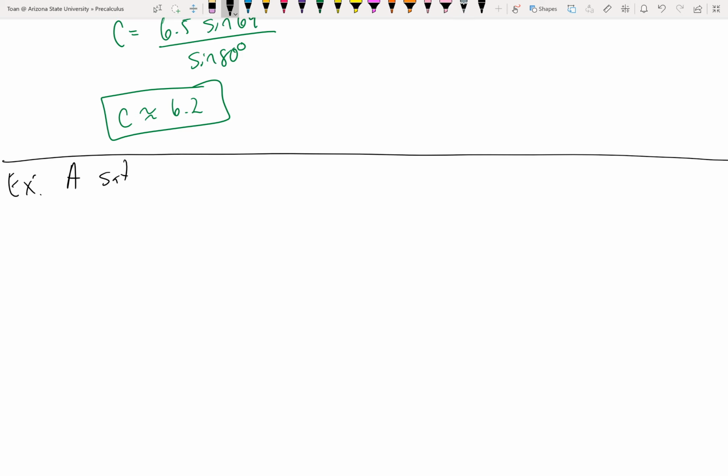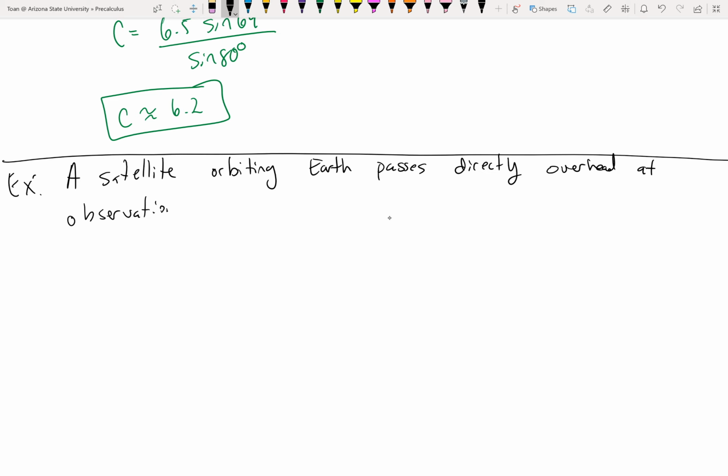Suppose a satellite orbiting Earth passes directly overhead at observation stations in Phoenix and in LA. Phoenix and LA are 340 miles apart.